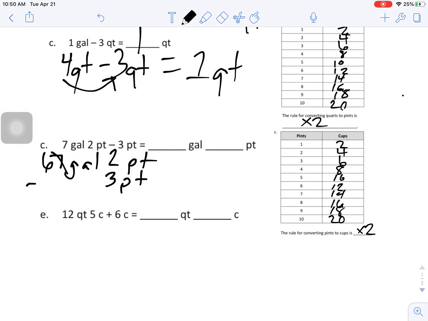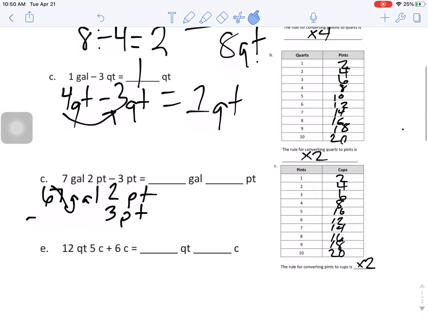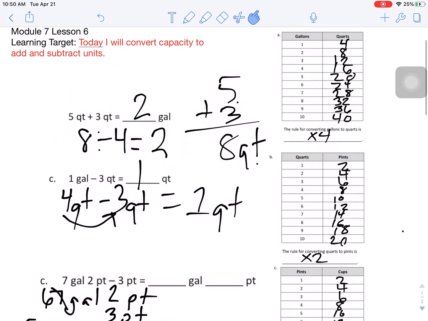I have to come over here to my conversion table and look how many pints are in 1 gallon. I know that there are 2 pints in a quart, and if I scroll up, 4 quarts in 1 gallon.